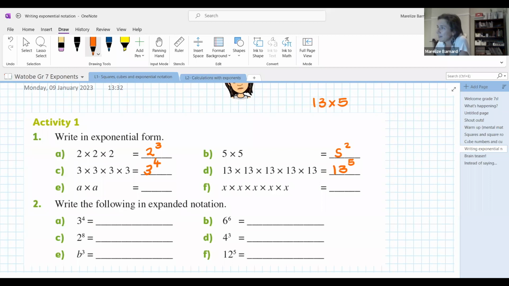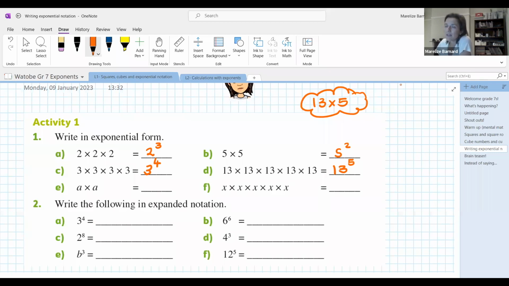But 13 to the power of 5 is 13 times itself, 5 times. Okay. So make sure that you realize that this is something else. This is raising it to a power, and we're writing it as an exponent.